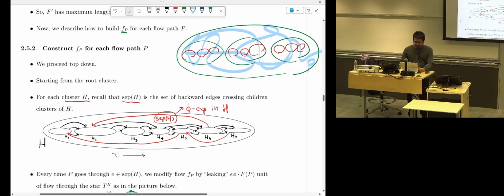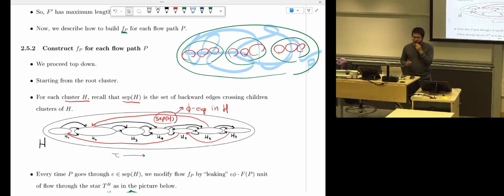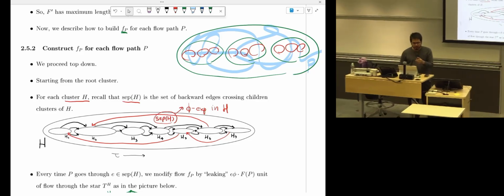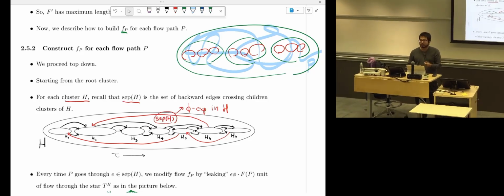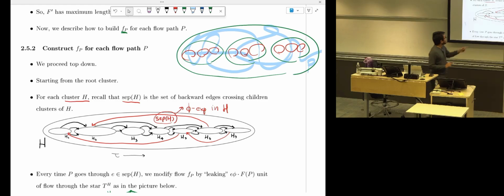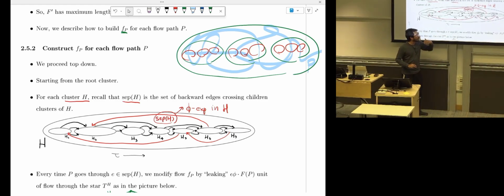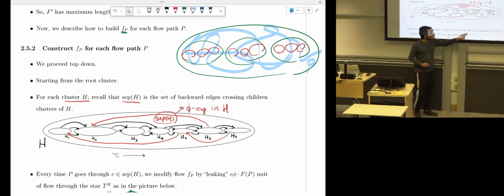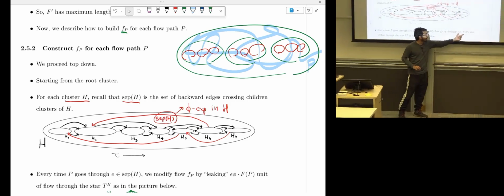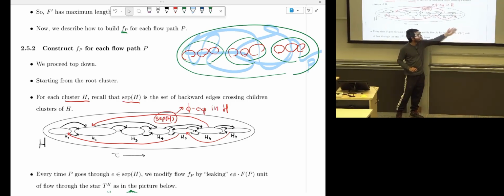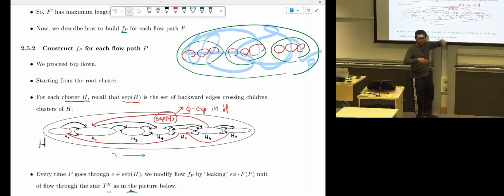So now the idea is this. Every time that P goes through the separator, the red edges, we're going to try to leak some unit of flow through the star.